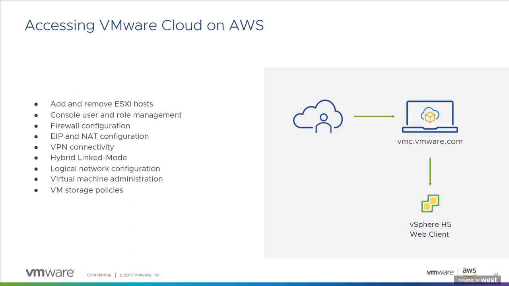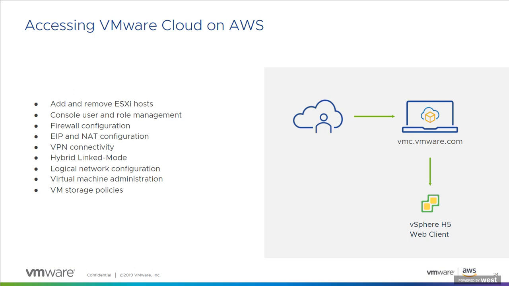So inside the compute gateway, you can allow whatever IP addresses and whatever ports required for the application. You can request new elastic IPs, and you can use that in conjunction with NAT to allow external access to your workloads. We can establish policy-based or route-based VPNs from on-prem into VMC.